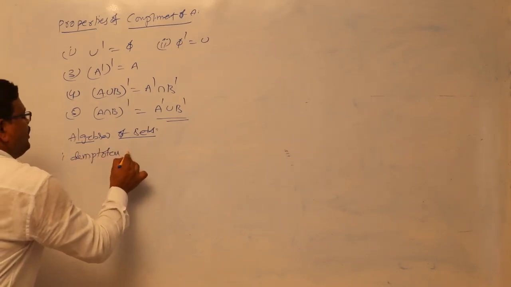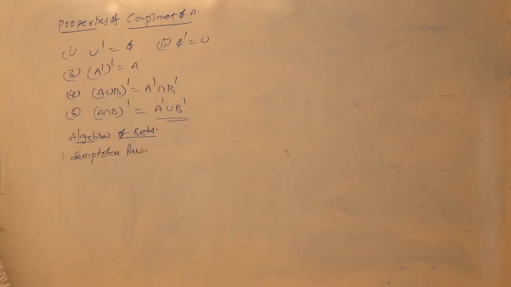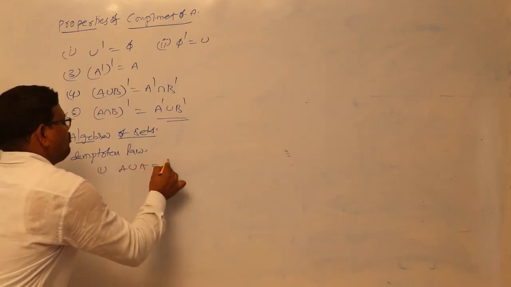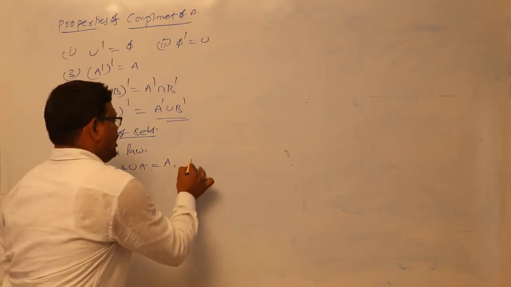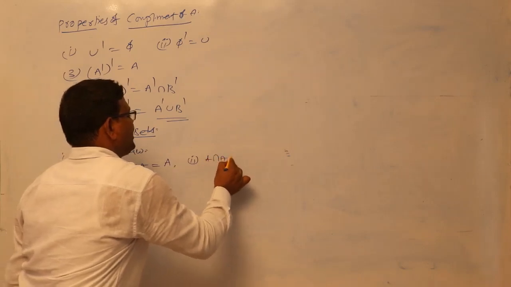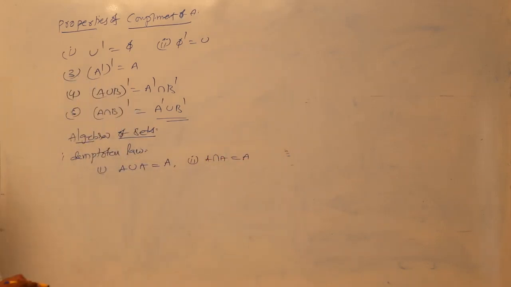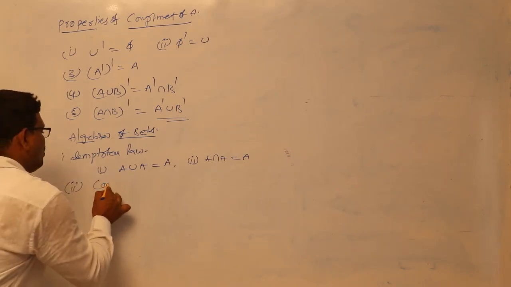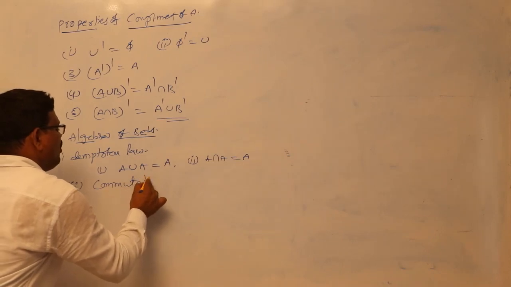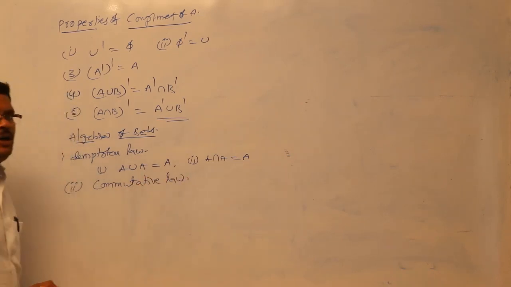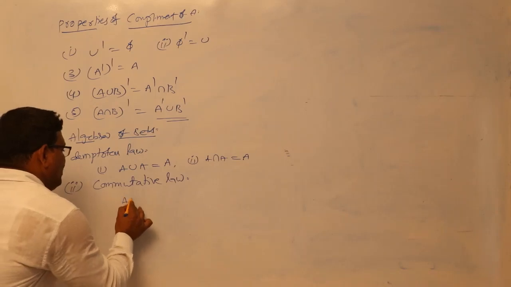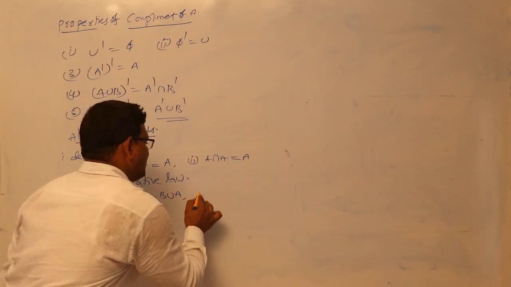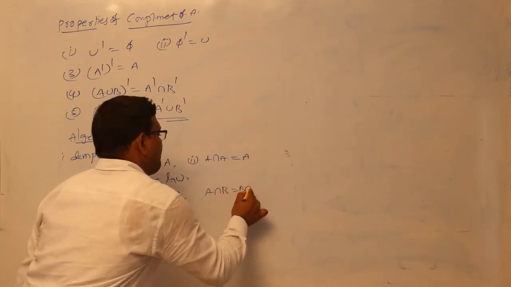Idempotent law: first, A union A equals A, and the second is A intersection A equals A. The second law is the commutative law. What is the commutative law? A union B equals B union A, and A intersection B equals B intersection A.